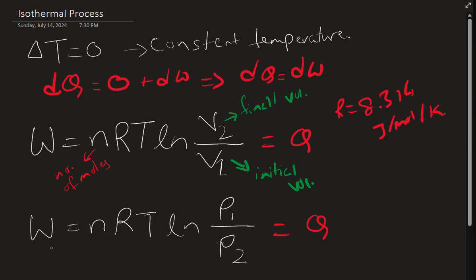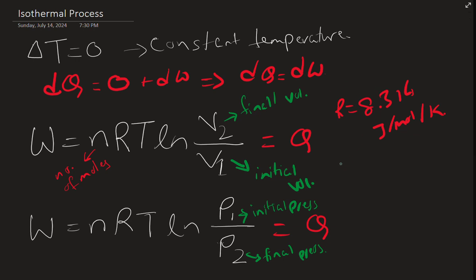And another form of this formula is W is equal to nRT ln P1 over P2, where P1 is the initial pressure, and P2 is the final pressure. Now, from chemistry, we remember that PV is equal to nRT.